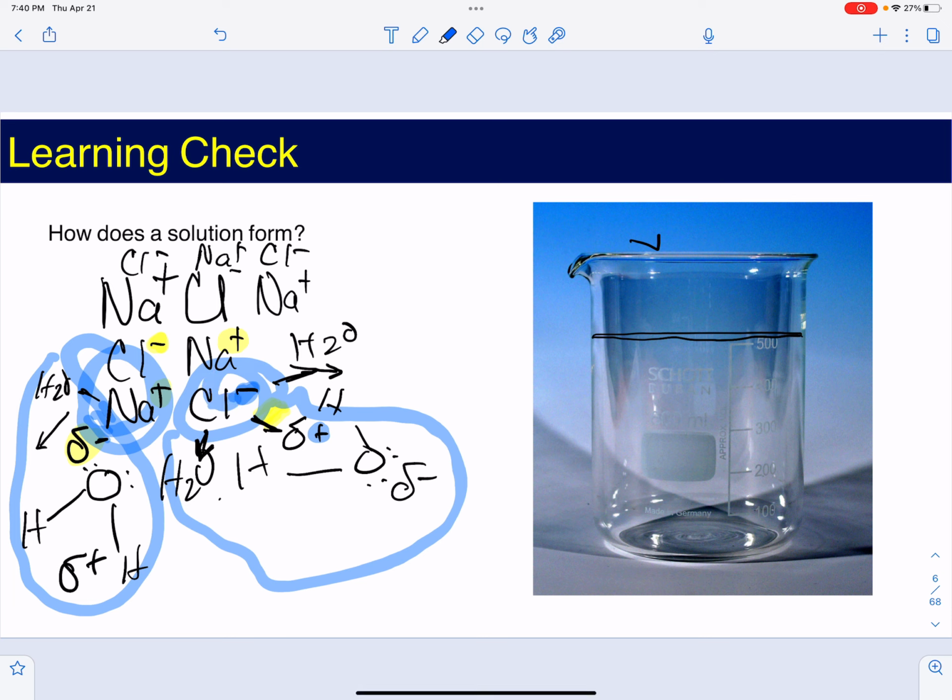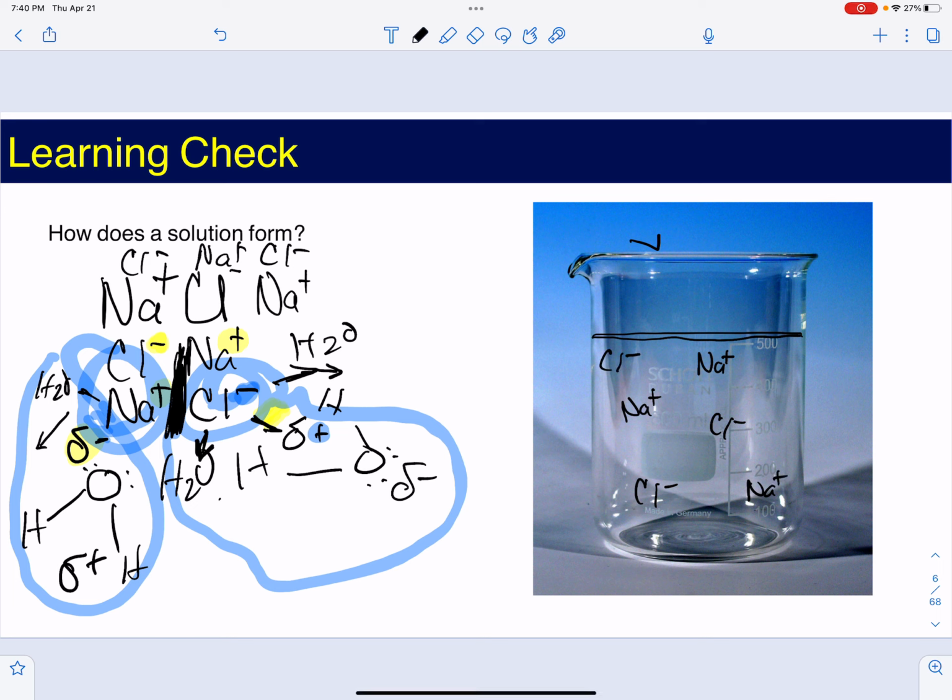That force is going to be more than the force that was holding them together. When a lot of water molecules have a force that is stronger than the force between the ions, the ions will come apart and they will separate. So the perfect cube that I told you before is going to separate like that.